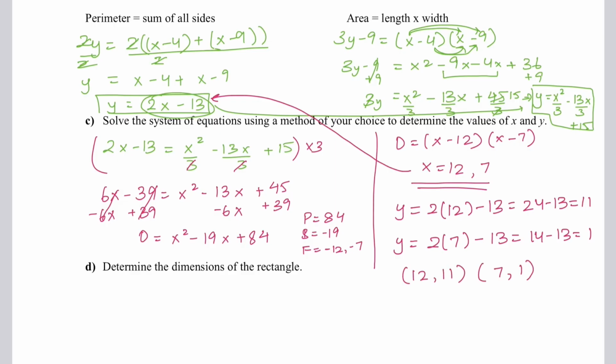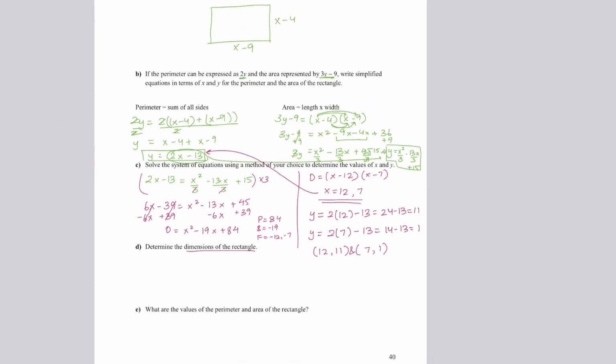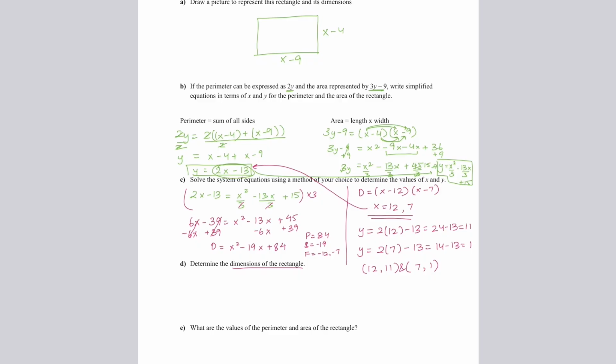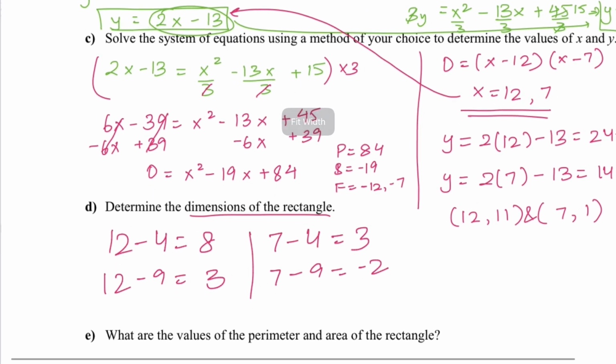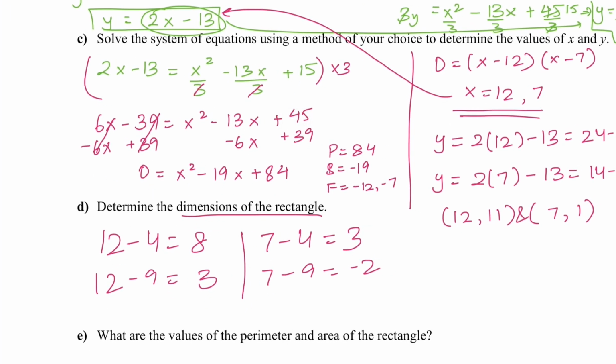As your answer. To figure out the dimensions of the rectangle, we just got our x values, so we'll have to put them over here. So 12 minus 4, 12 minus 9, which is 8 and 3. Or it can be 7 minus 4, which is 3, 7 minus 9, which is negative 2. Can that happen? No. It cannot happen, right? Because we have a negative.